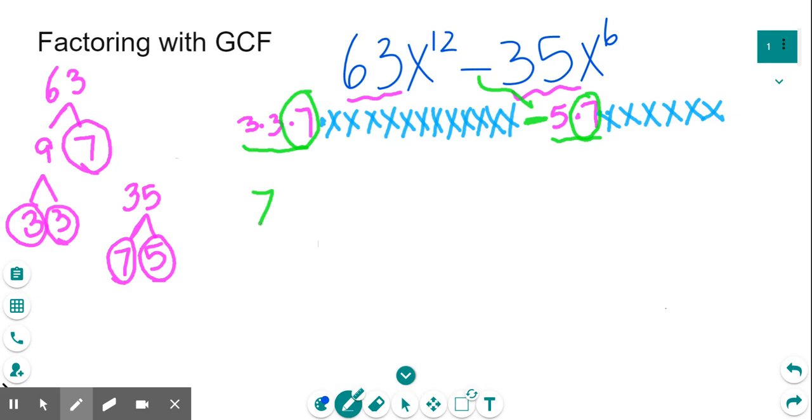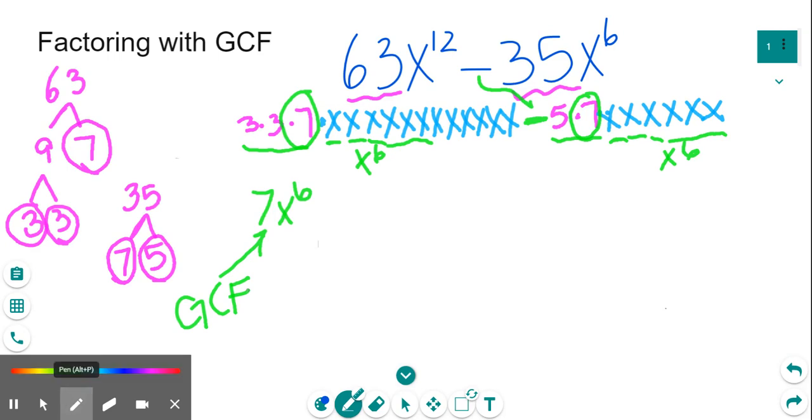Now, as far as the x's are concerned, I have in common, here's 1 x, 2, 3. How many total am I going to have in common? Well, if you keep counting, you're going to see that you have x to the power of 6 in common for both of them. Okay, so that's going to give me 7x to the power of 6, and that's my GCF.